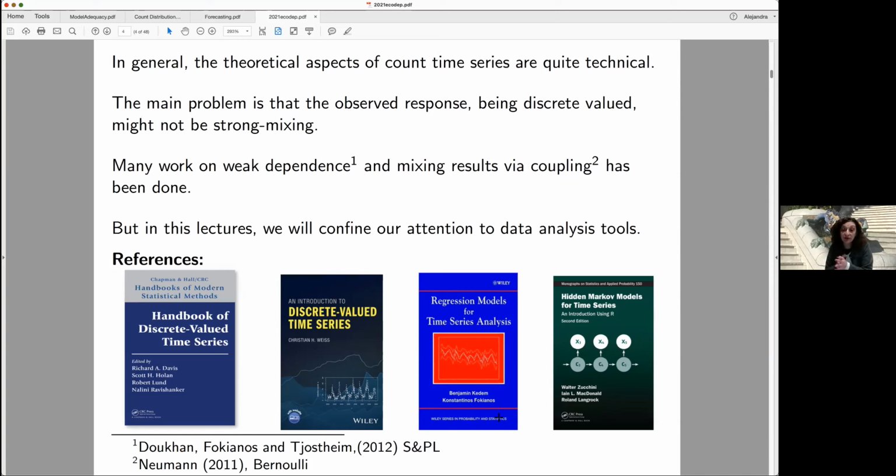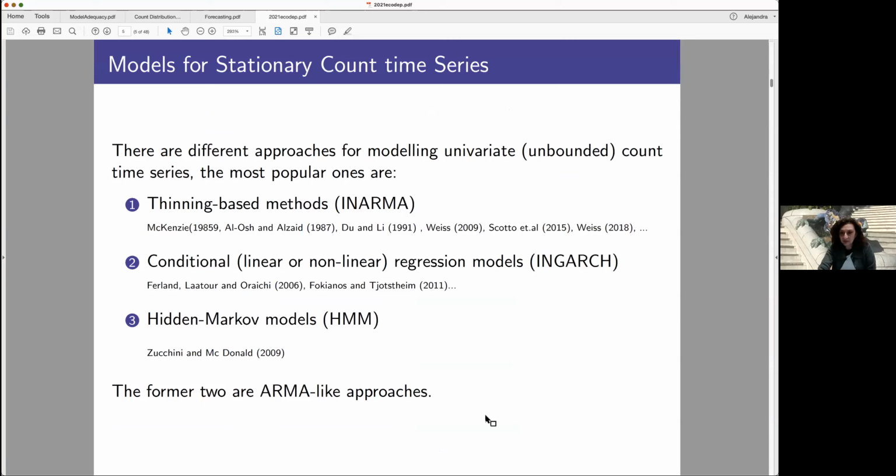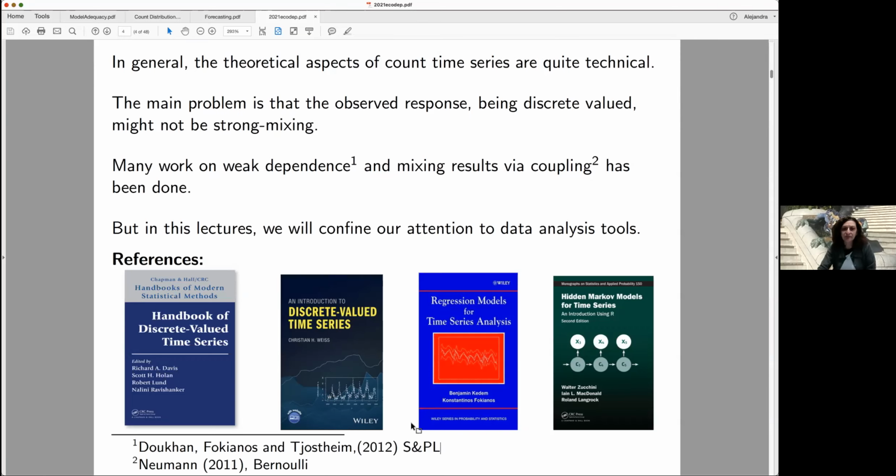I've heard there's a new version of the book, but I haven't been able to find it. And then there's this other book by Christian Weiss, which is really a textbook. You can do a regular undergraduate course following this discrete-valued time series book. So let's end up with the propaganda and begin with some.